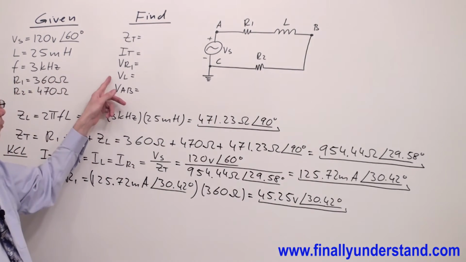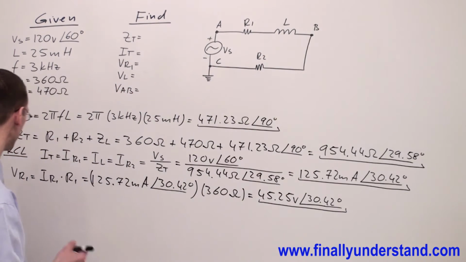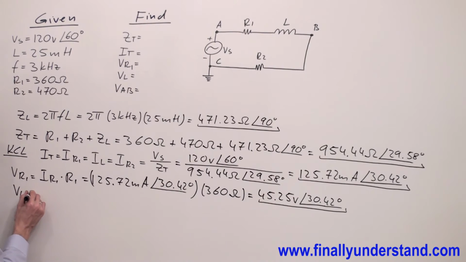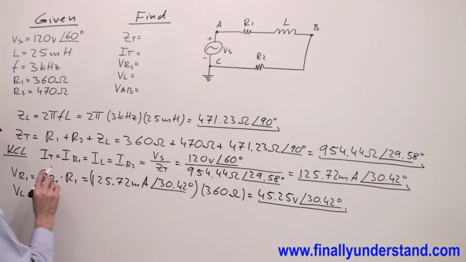Next, we're supposed to find the voltage across the inductor. If you want to find the voltage across the inductor, VL, you're supposed to simply multiply the current which goes through this inductor. Remember, the current in the circuit is the same everywhere.